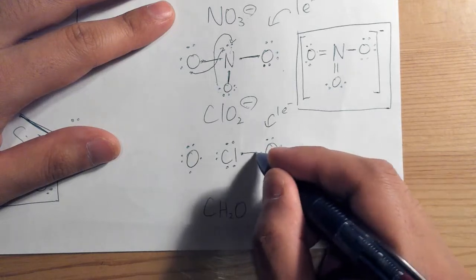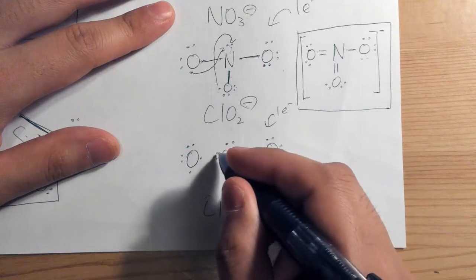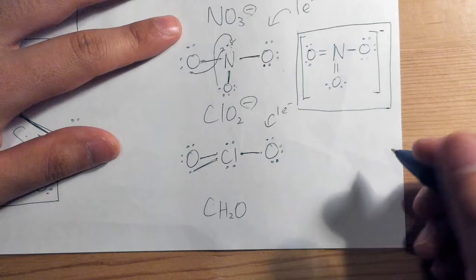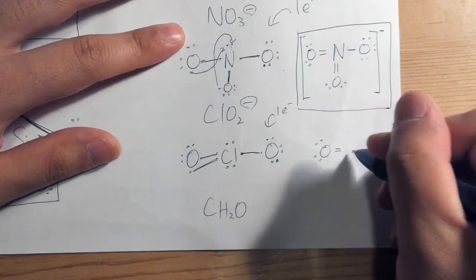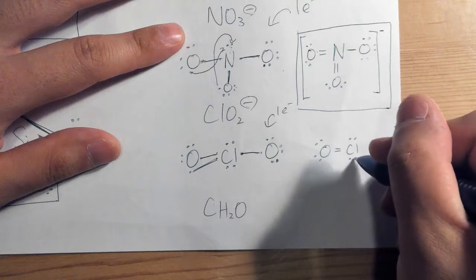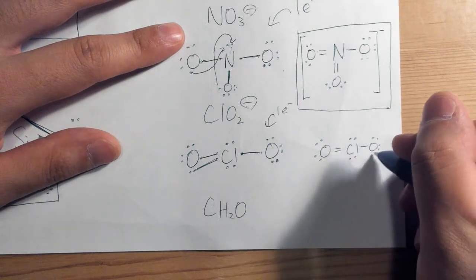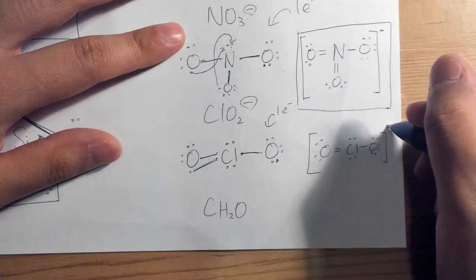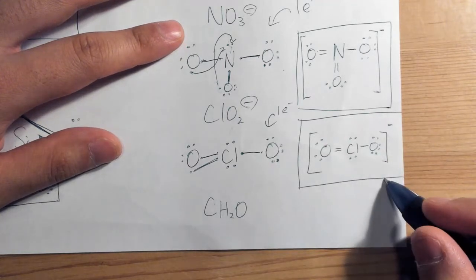Alright, connect those lone electrons. For this case, I'm going to take out the electrons from these pairs. I have no other choice. Alright, remember to put a bracket and a minus charge. So this is your answer for this problem.